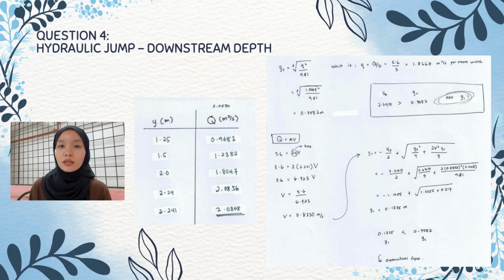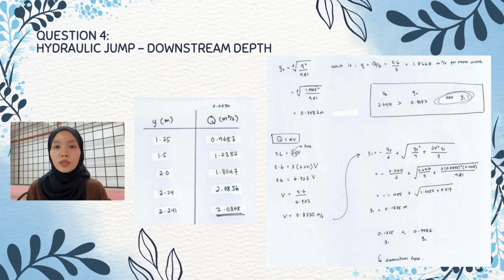Next, calculate the yc value, which is the cube root of q squared divided by 9.81, and we will get 0.7082 meter of yc value. As you can see, the y value, which is 2.241, is bigger than yc, so it is not y1. So we try to find y1 using the formula negative y2 over 2 plus the square root of y2 squared over 4 plus 2b squared times y2 divided by g.